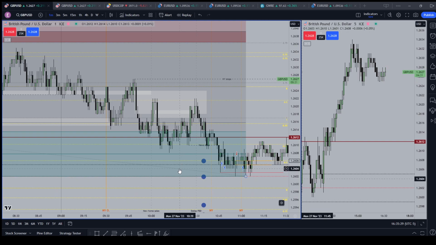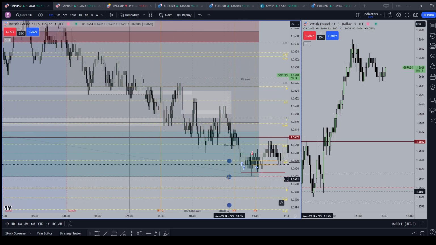So what's more optimal for taking a position on the New York session is just to wait for the release of the news and take a contrarian approach, do the opposite of what the sentiment is printing at that moment.